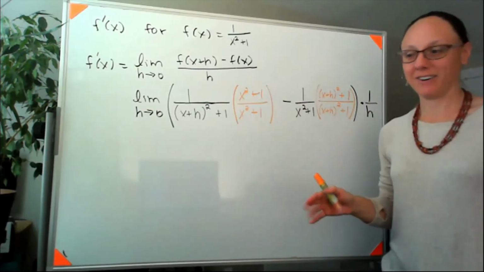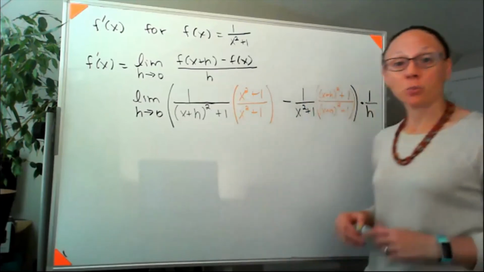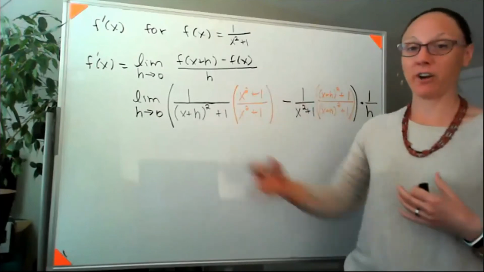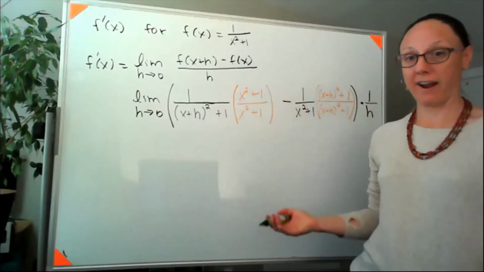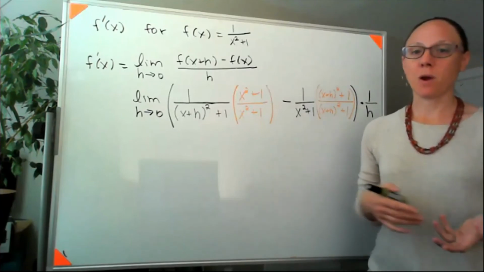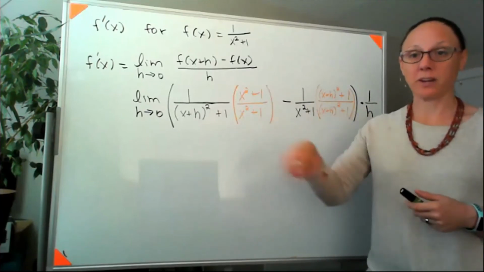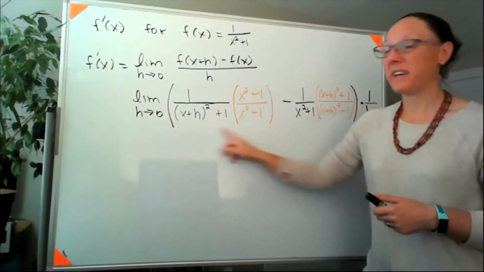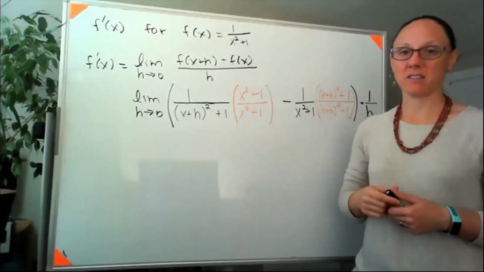Now for the algebra. The reason to get a common denominator is so that we can write that entire thing as one big old fraction. Similarly to those problems where I said don't distribute out the h, there's no point in trying to simplify any of this.